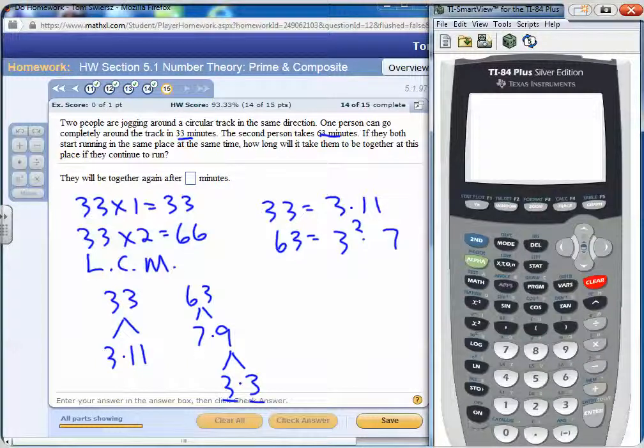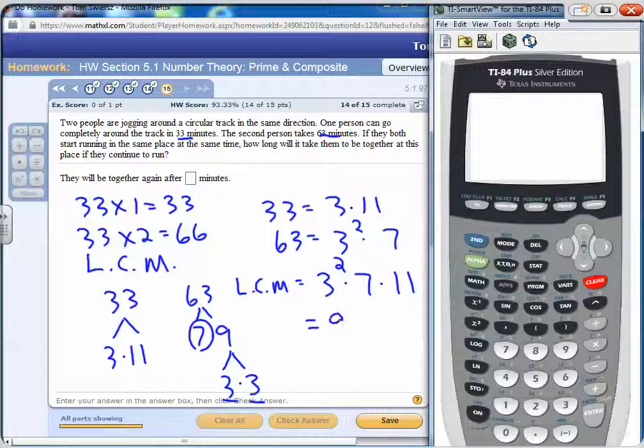The 3's, the 7's, and the 11's are the primes. Now, the rule for the least common multiple is you put all the factors in, whether it occurs in both or one, and you take the larger exponent. So 3 to the first and 3 squared, we take 3 squared. There's only one 7 here, so we take one 7. There's only one 11 here, so we take one 11.